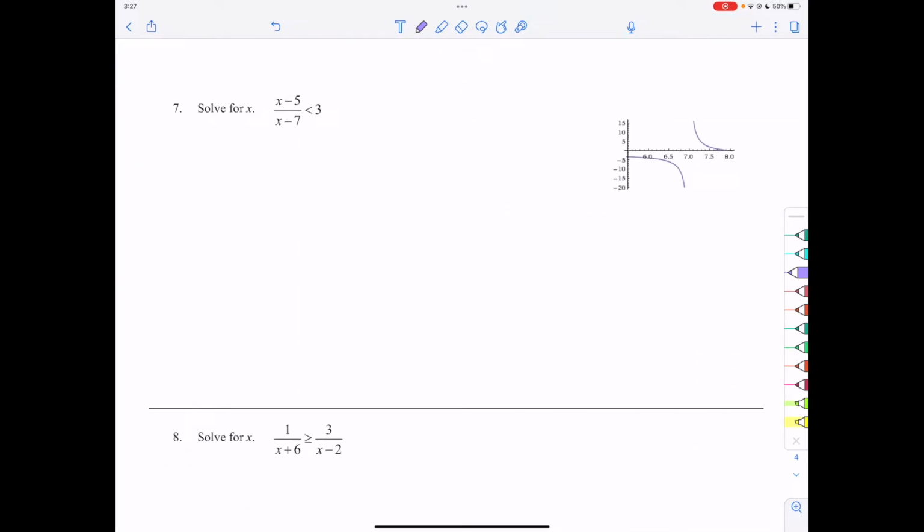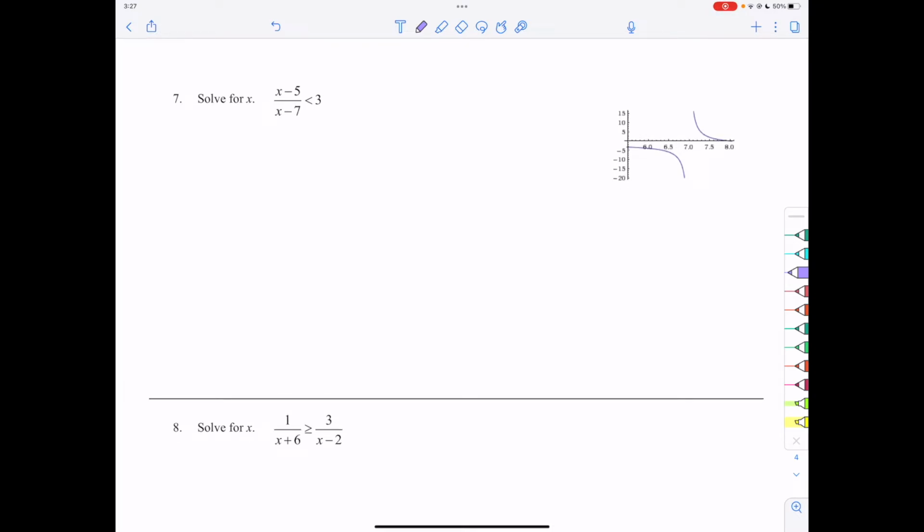Okay, let's look at number 7. We will solve this rational inequality. And here, as you can see, we still need to set the function equal to 0. So we'll go ahead and do that. We have x minus 5 all over x minus 7 minus 3 is less than 0.